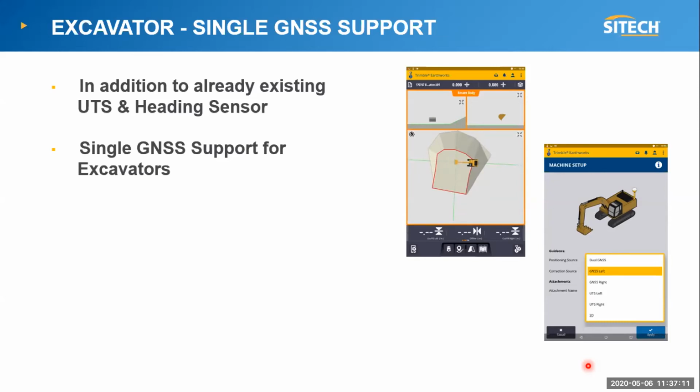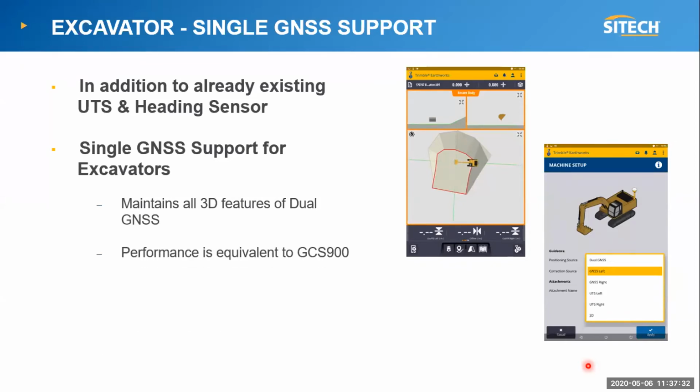In addition to support of the technology of Earthworks on excavators, we now also support single mast GNSS on excavators. Same as for those of you who had single mast functionality on GCS 900, very much the same functionality.